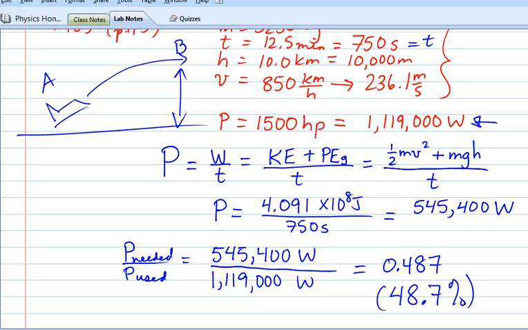And for a plane, that's pretty good. For many mechanical systems, we would call this an efficiency. Having an efficiency close to 50% is pretty darn good for most systems.